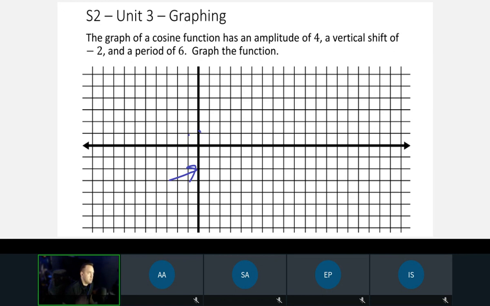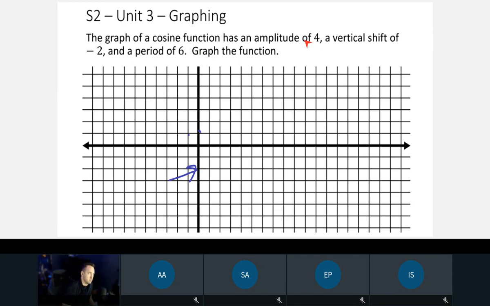Now, once you shift your midline, we work on the amplitude. The amplitude is 4. We don't have a horizontal shift, so that makes this really easy. Remember, the amplitude is from the midline to a peak, whether it's a max or a min.